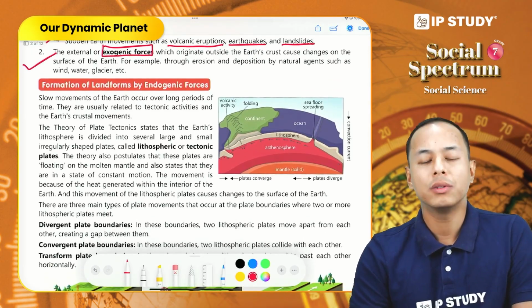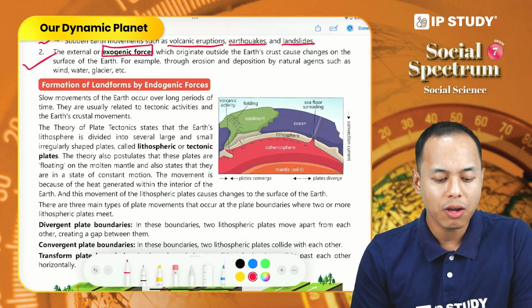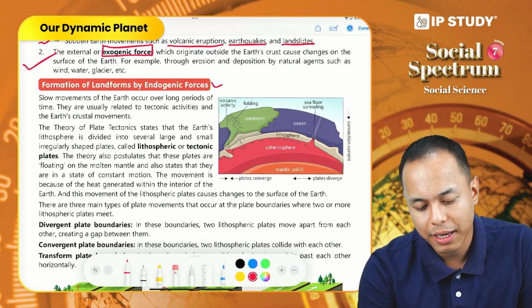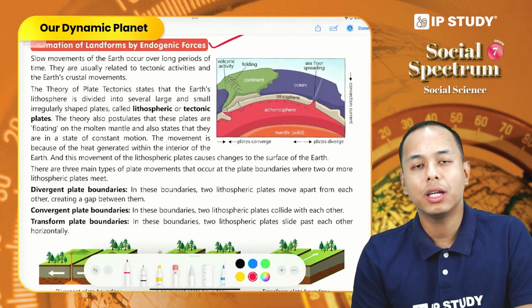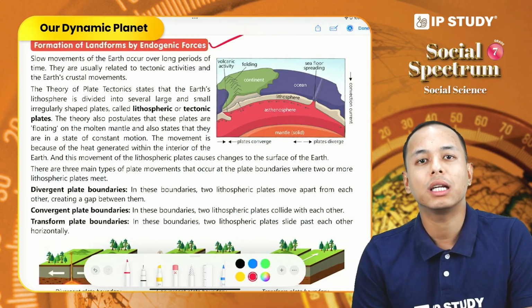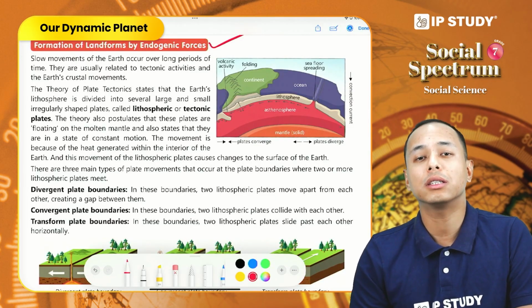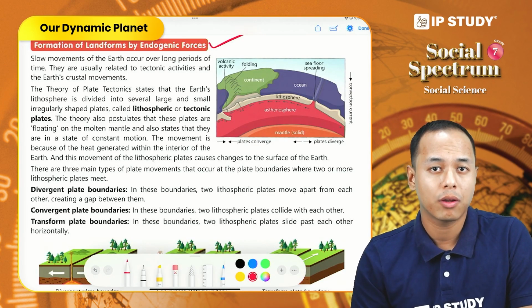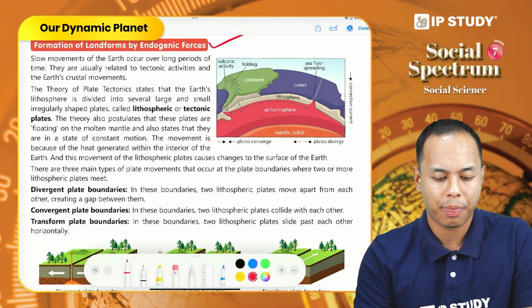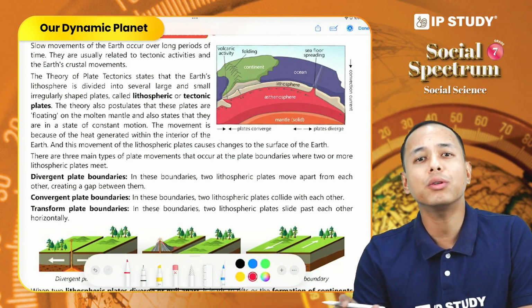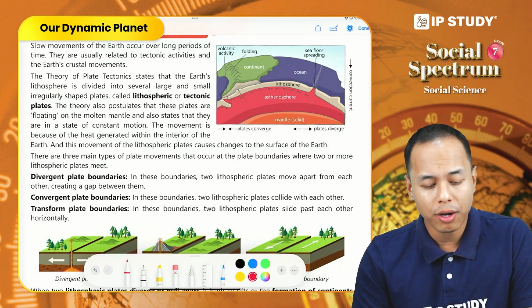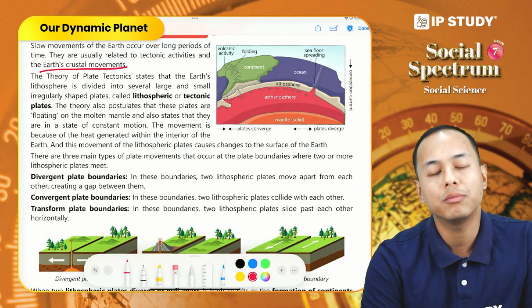Now let us come to the second topic, that is the formation of landforms by endogenic forces. As we already discussed, slow Earth movement occurs over a long period of time, and these movements are mostly related to tectonic activities or Earth crustal movement.